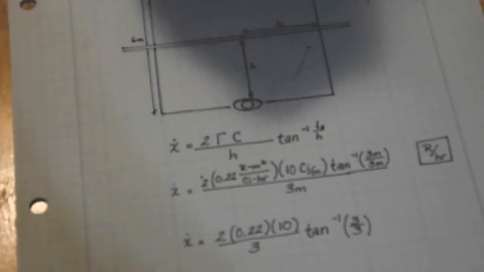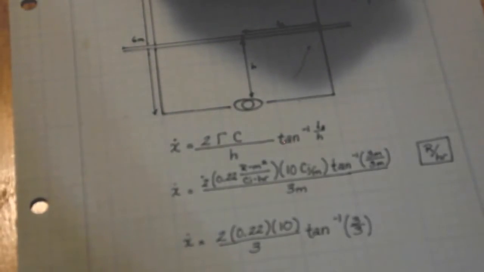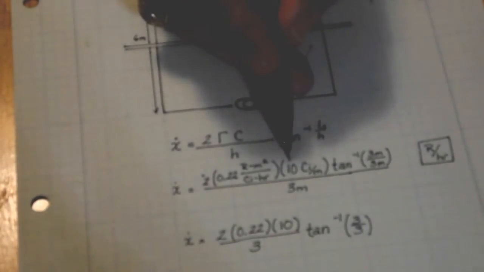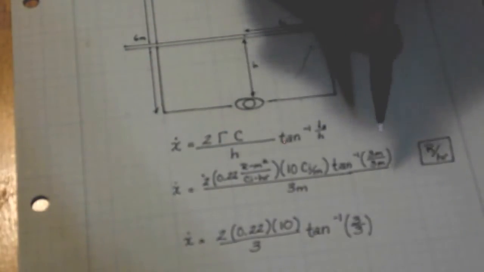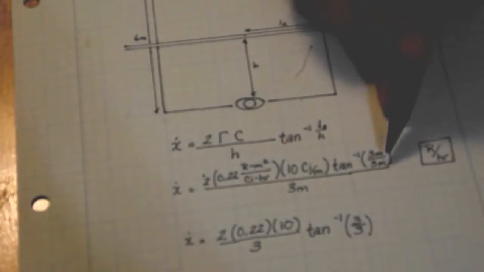So you plug those values into the equation. You plug the gamma constant in here. You plug the concentration in the line here. You plug the 2 dimensions in here, and you have to clean up all these units, cancel the units, to make sure that you're going to get a usable result.